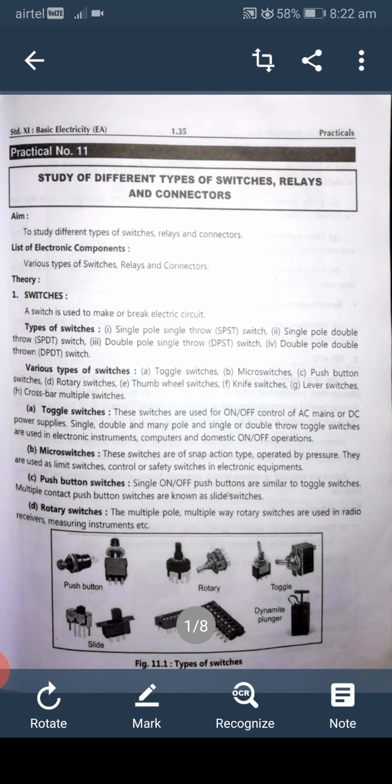Rotary switches. The multiple pole, multiple way rotary switches are used in radio receivers, measuring instruments, etc. The diagram of various types of switches is shown in the diagram given below.